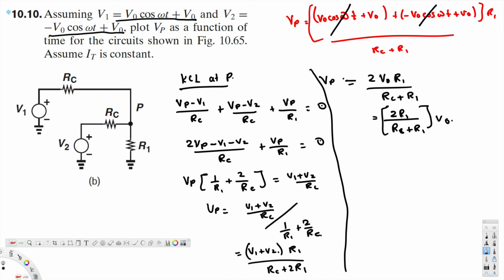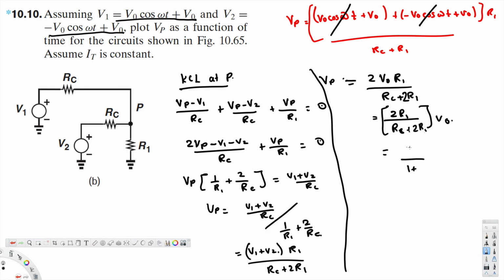And if we divide everything by 2R1, because here we have 2R1, the numerator and the 2R1 term become 1.